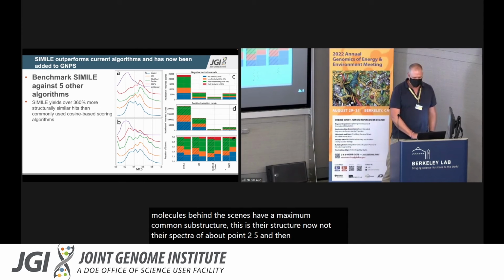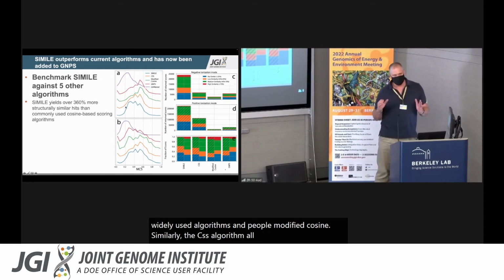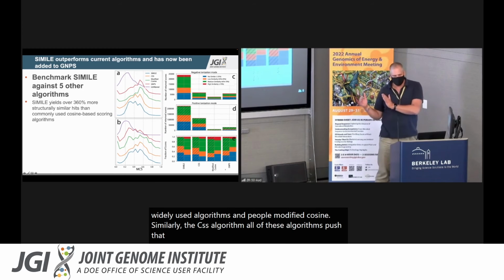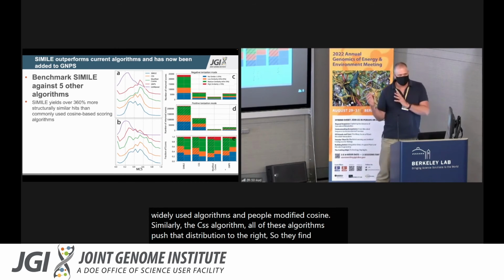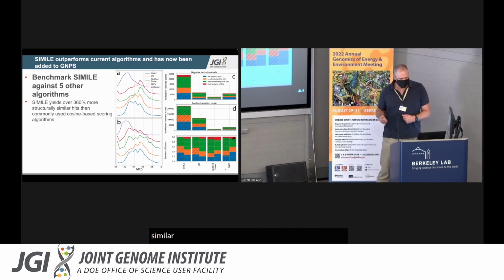And then these are widely used algorithms like GNPS, modified cosine, SIMILE, the CSS algorithm. All of these algorithms push that distribution to the right. So they find more pairs of molecules that are structurally similar. They have a higher MCS.